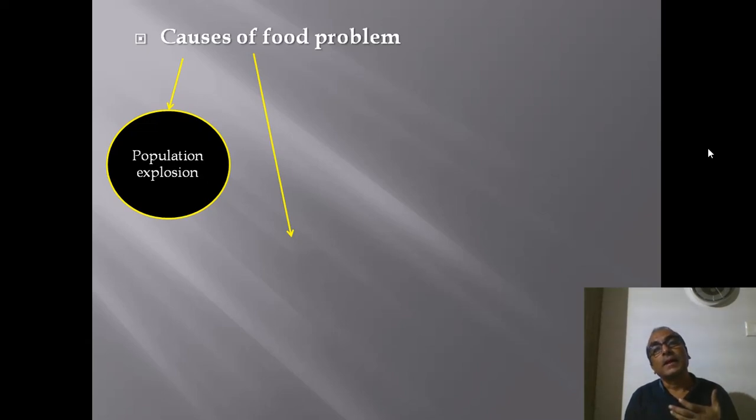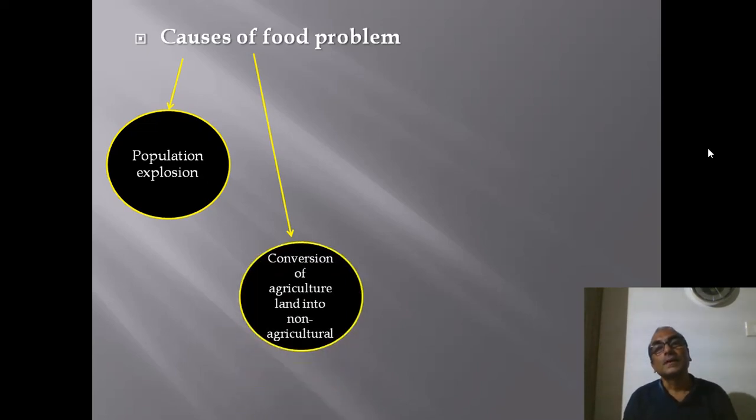Take the increase in the number of people per hectare or per kilometer area, and similarly take the increase in the production of food in the agriculture field. It was not matching. The human population was increasing geometrically, and food production was increasing arithmetically. So that is why there was a shortage of food.